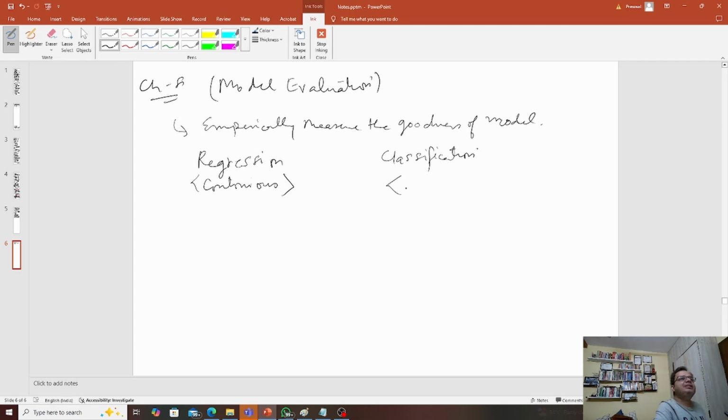In classification, whether it is binary or multi-class, your prediction or output is more discrete. So your evaluation of models for regression and classification is slightly different. Let's start with regression models.